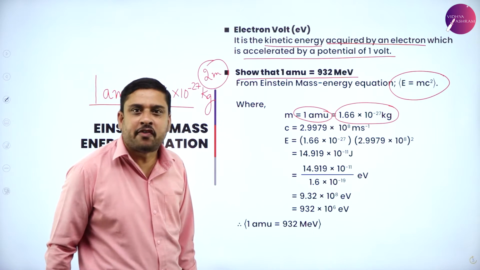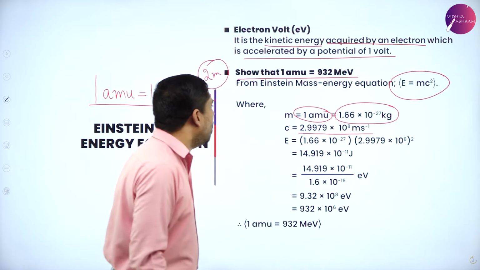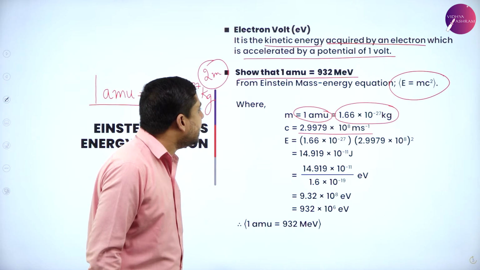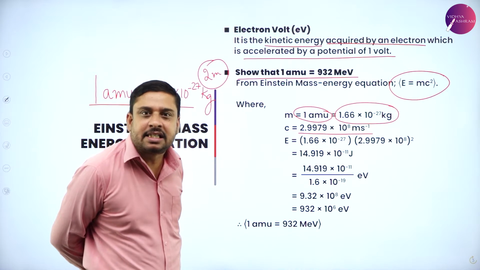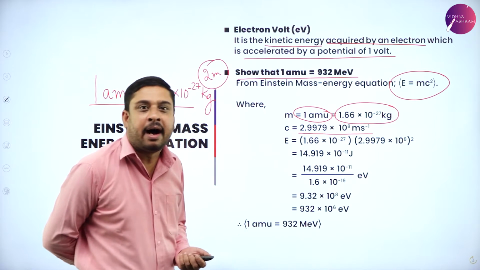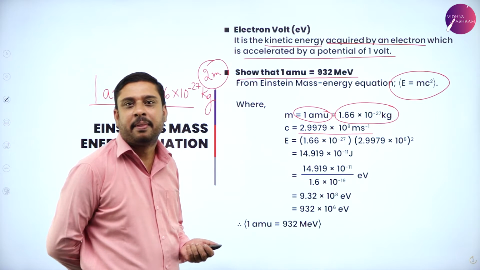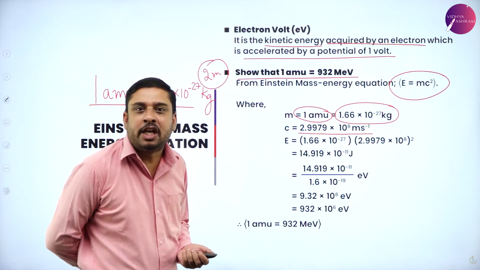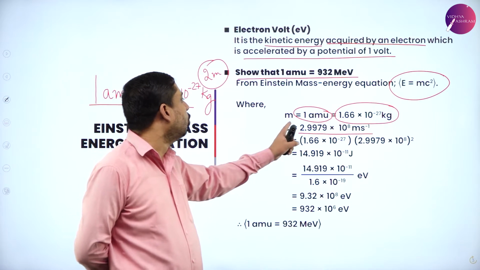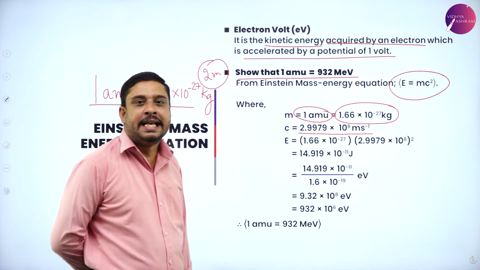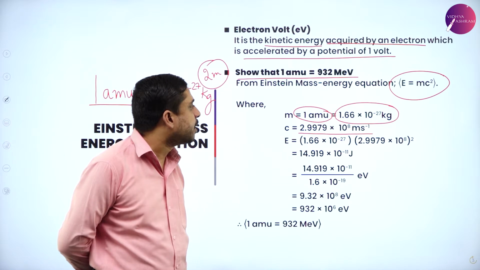And velocity of light in vacuum, the exact value is 2.9979 into 10 power 8 meter per second. This value was found by the Michelson-Morley experiment. The exact value of velocity of light in vacuum is 2.9979 into 10 power 8 meter per second.